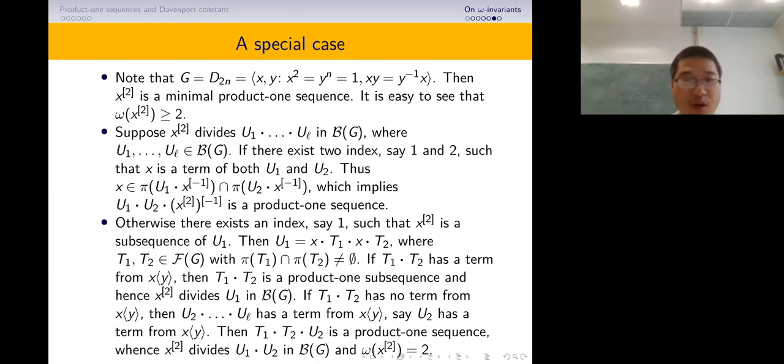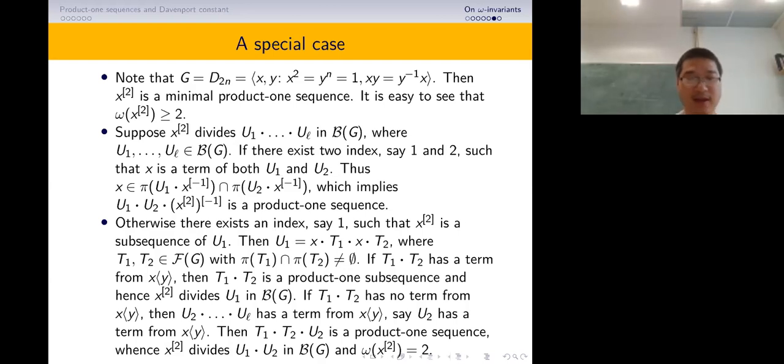It's just because here we know that x to the power 2 divides u1 up to ul in B(G). So u2 up to ul must have a term from x times the subgroup generated by y. We say u2 has a term from x times the subgroup generated by y.